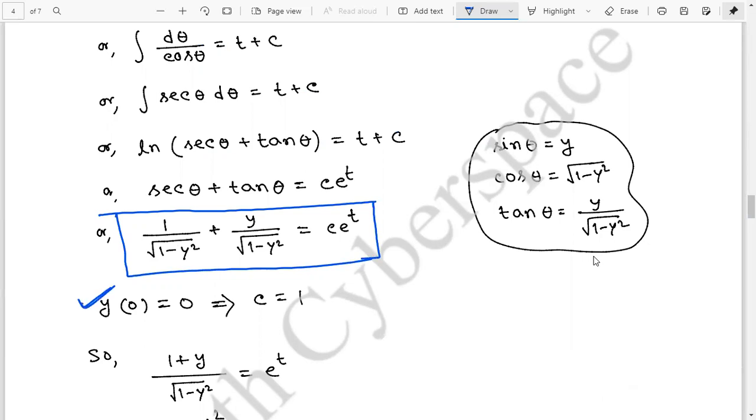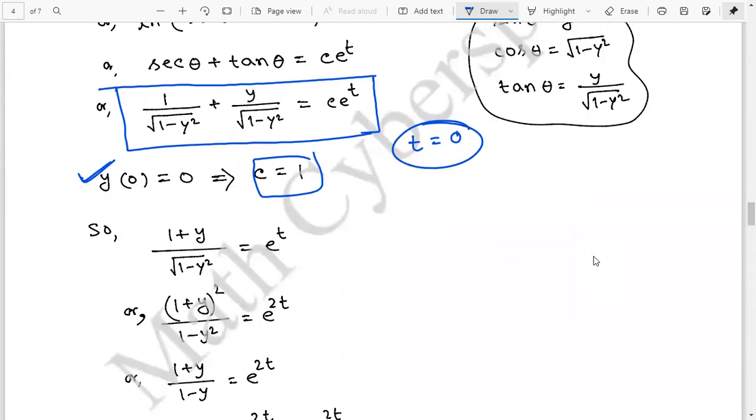So if we put t equals 0 here, y will be 0, so c equals 1. So finally we are getting (1 plus y) by root over (1 minus y squared) equals e to the power t.